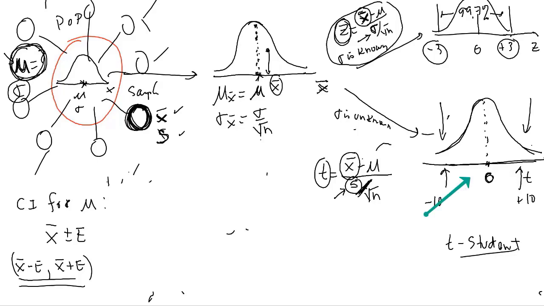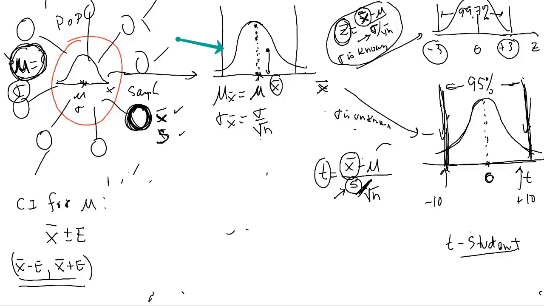In this distribution, we are going to use the same concept for confidence level. Suppose that this is a 95% confidence level. This is equivalent in that distribution to this 95% confidence level. The maximum error is given by this distance. And this value, the t-score for one sample located here, is exactly this t-score.